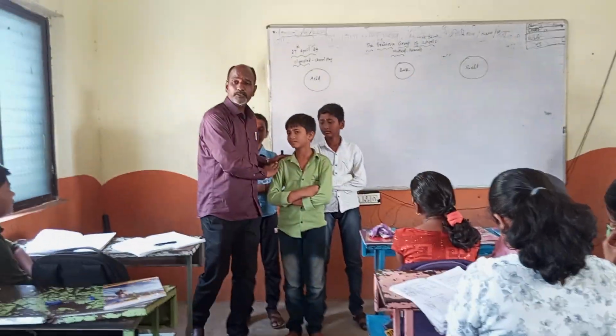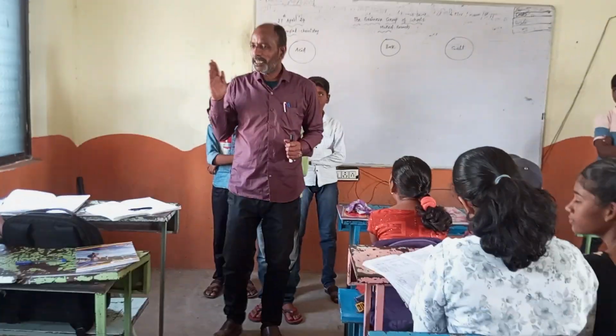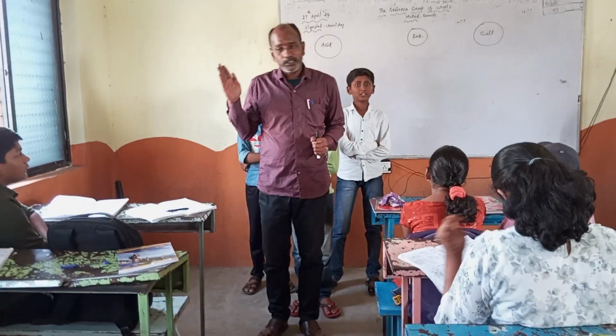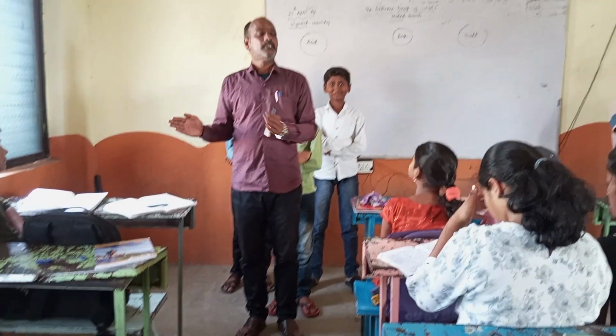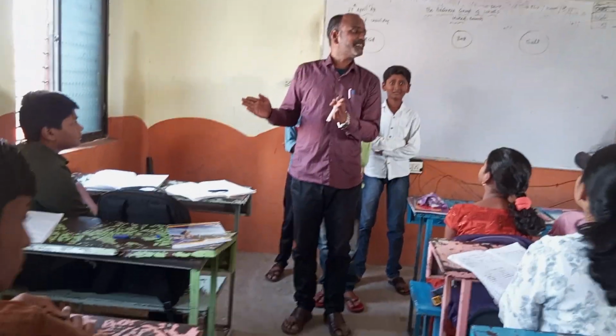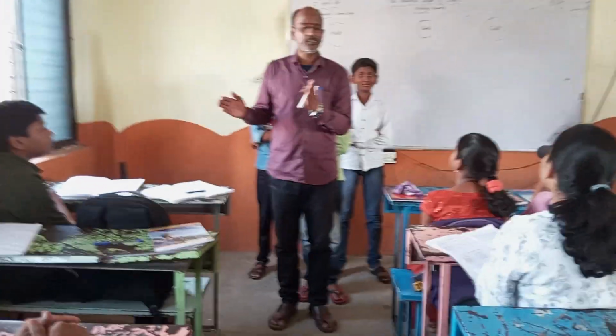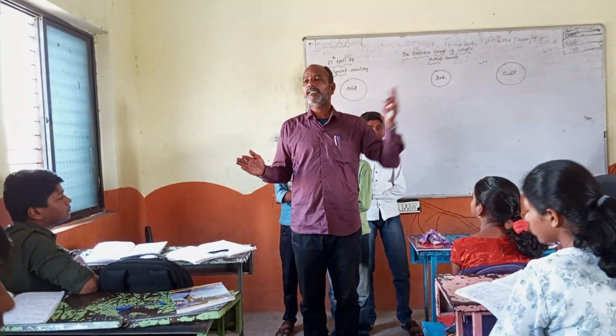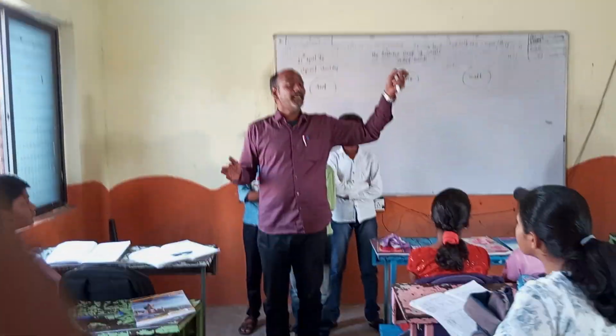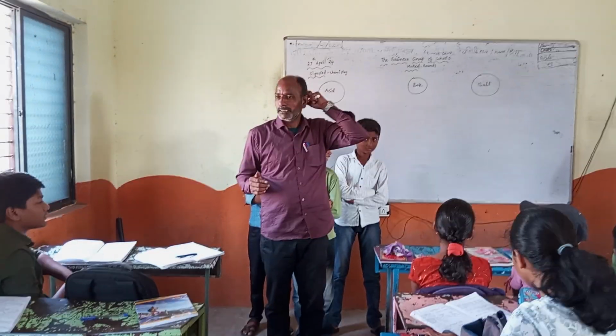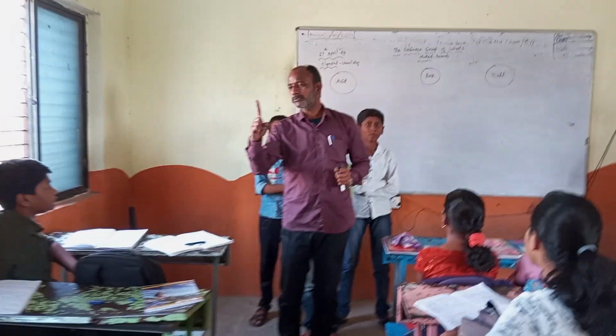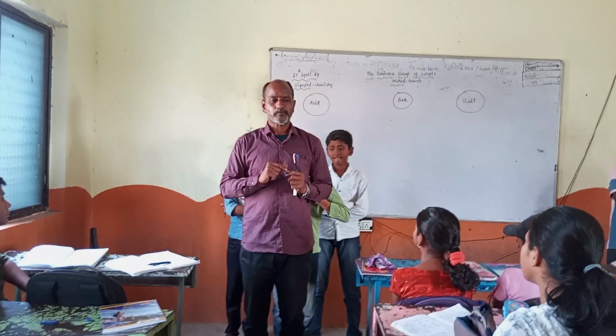And these bases also depend upon the strength of the base. Second one is the concentration of the base. And third one is the acidity of the base. First one is what? Strength of the base.